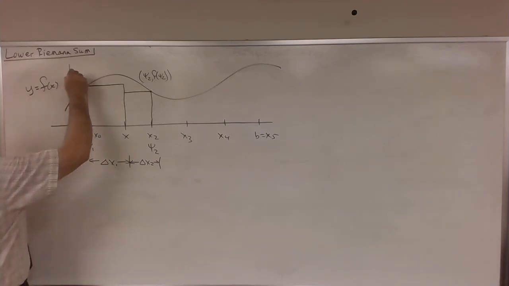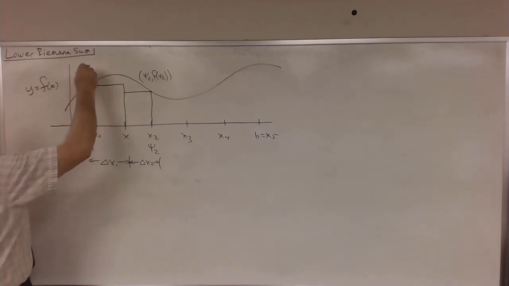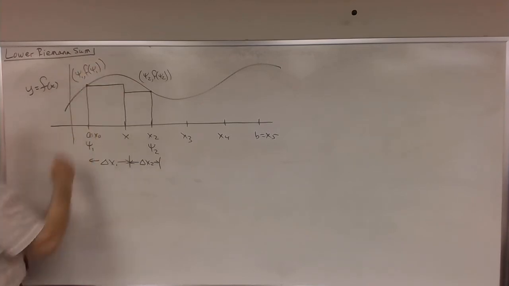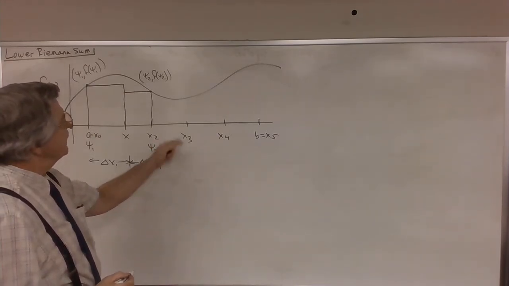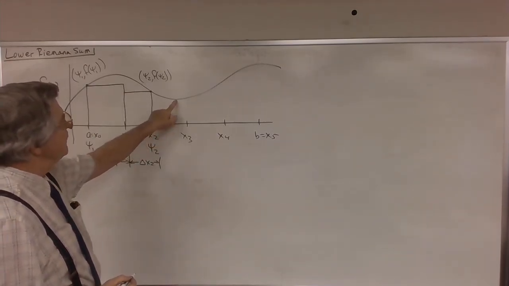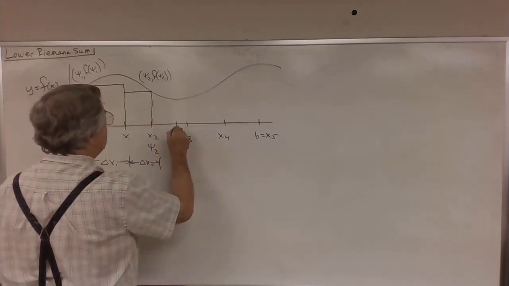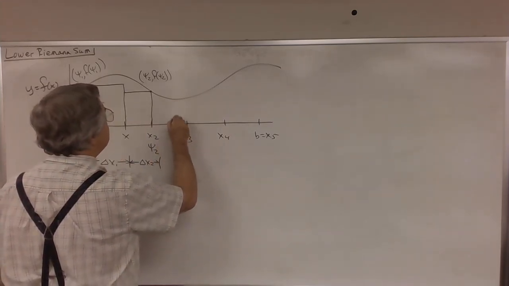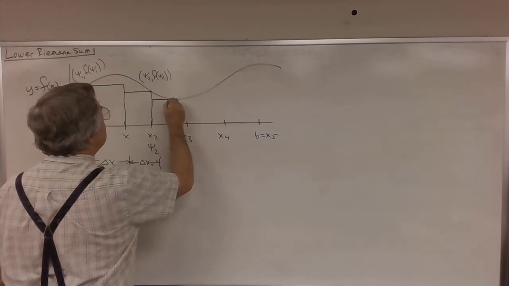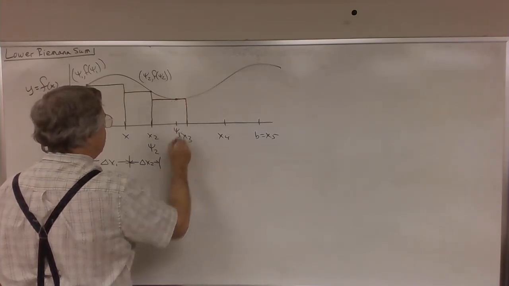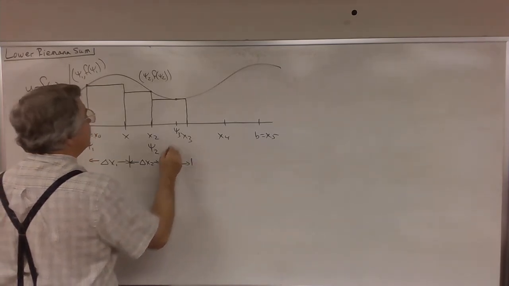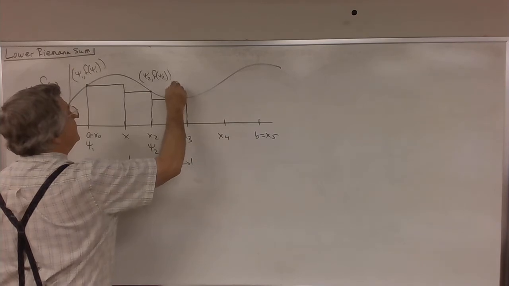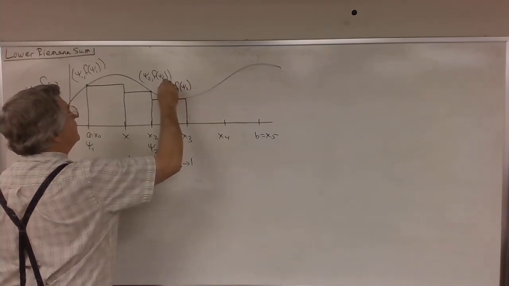This is psi sub 1, f of psi sub 1. Okay, the third subinterval, it looks like f of x attains its smallest value right there. So I'll call this psi sub 3. And that's going to be the height of my third rectangle. Psi sub 3, f of psi sub 3.